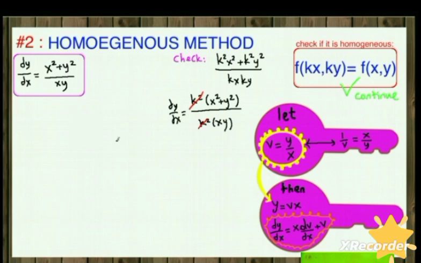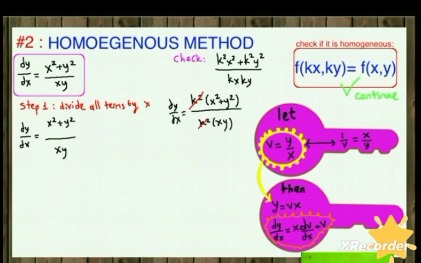Our first step, step 1, is always divide all terms by x, because we need the form of y over x. Let's divide everything by x. So dy dx equals x squared plus y squared all over x times y.